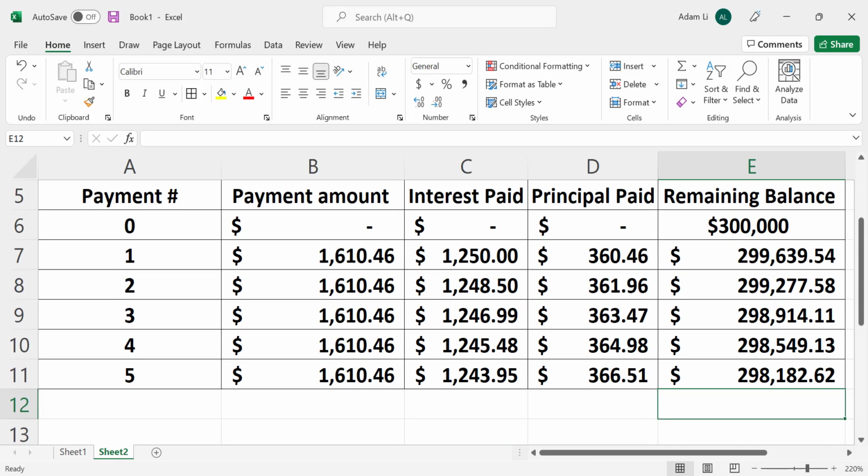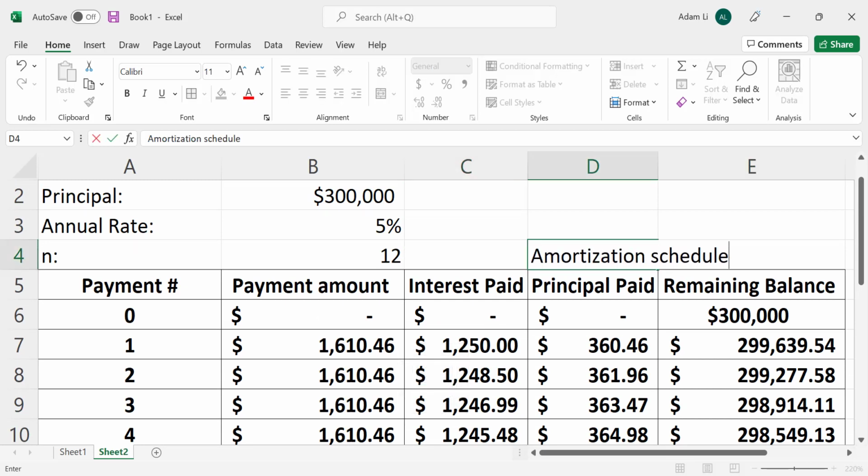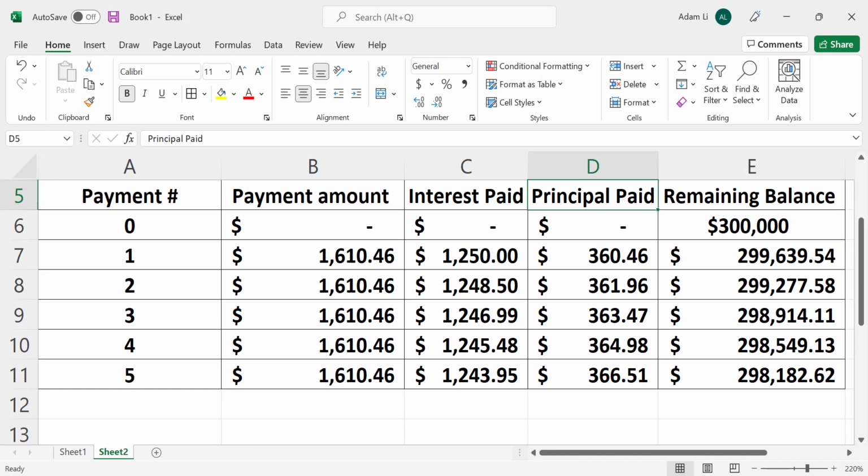Right, so this is what they call an amortization schedule. It shows you the breakdown of the interest paid and principal paid, and then you can calculate how much total interest you paid over the life of the mortgage by summing up all this interest paid. Okay.